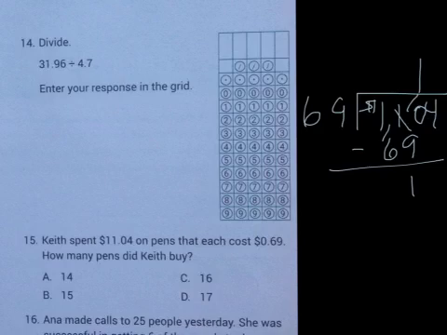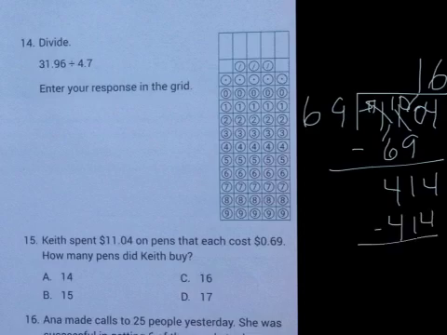And then we're going to borrow from the 1 here. This is going to make us 10. So 10 minus 6 is going to give us 4. So we're going to bring down the 4 here. And then 69 will divide into that 6 times. And 6 times 69 is going to be 414. So our answer is going to be C, 16.